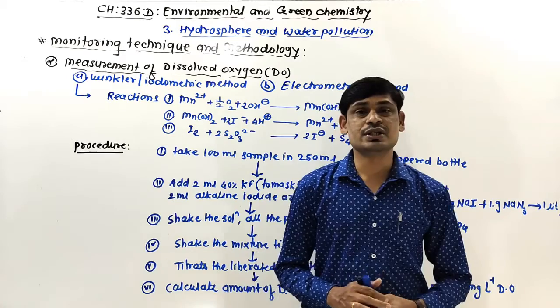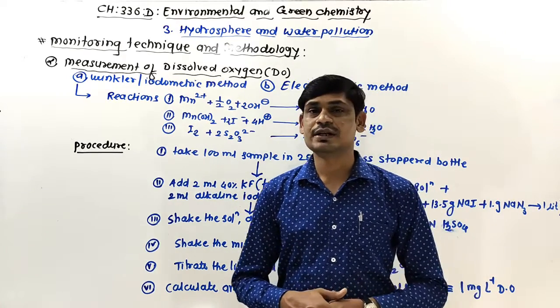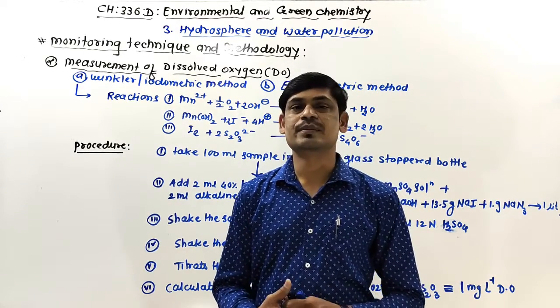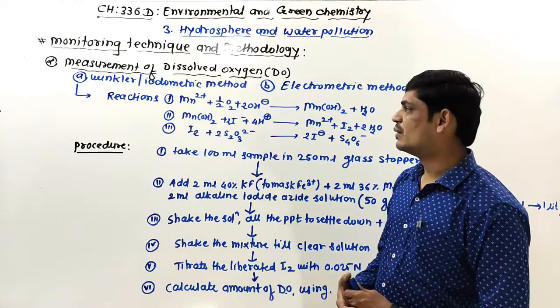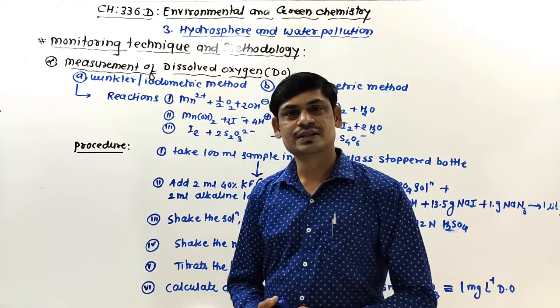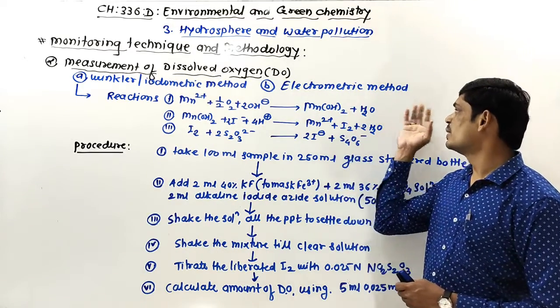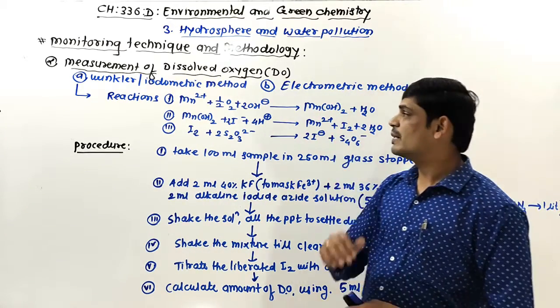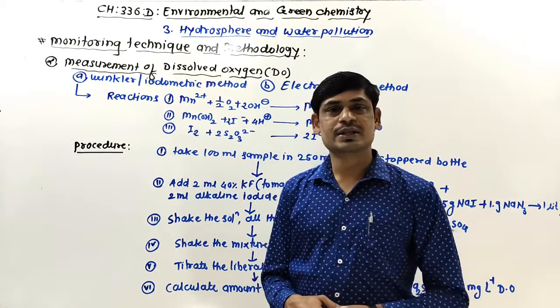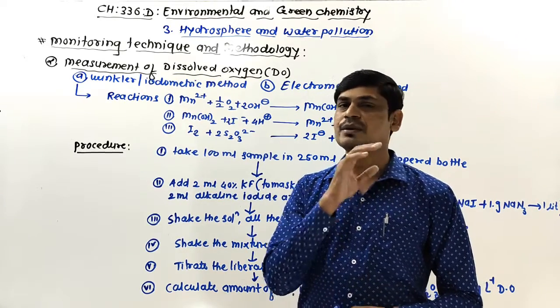Dissolved oxygen is measured by two different methods. One is the Winkler method, which we call the iodometric method, and the second one is the electrometric method. The Winkler iodometric method is a volumetric method.